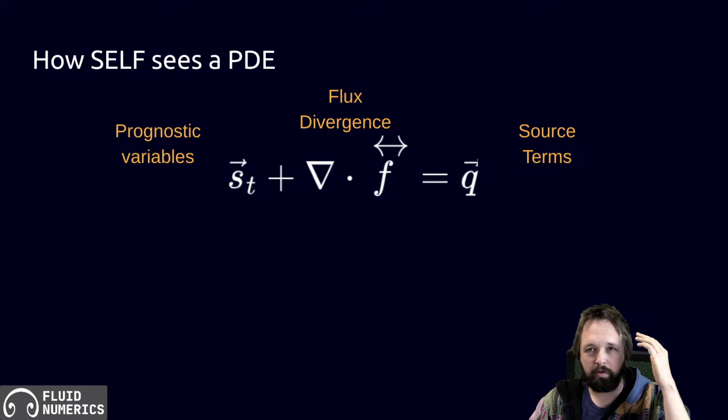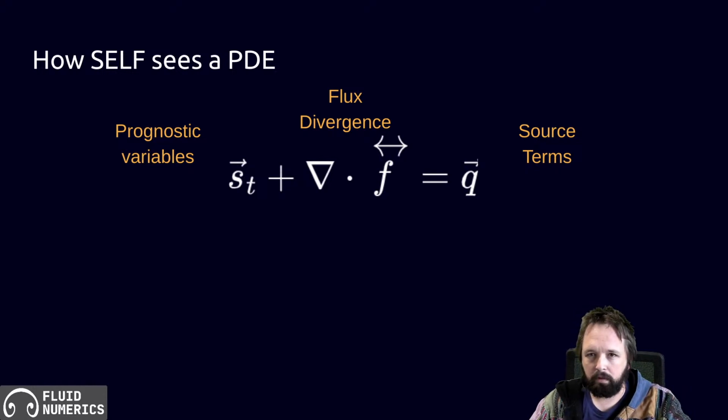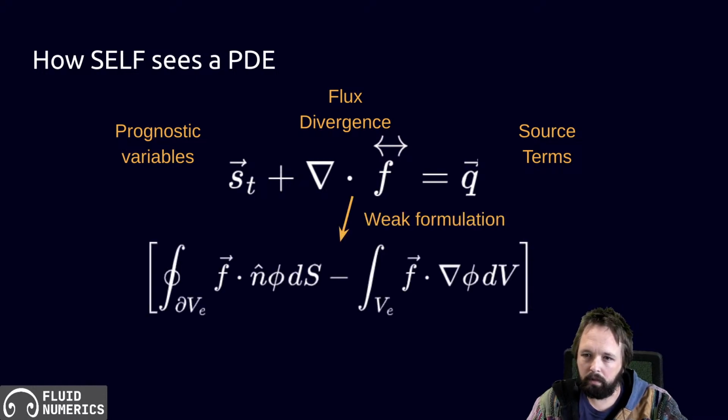So your job, if you're looking at defining a model with SELF, is to create a simple module. Usually it's 100 lines, maybe 200 lines of code, and then you're up and running with multi-GPU accelerated applications.